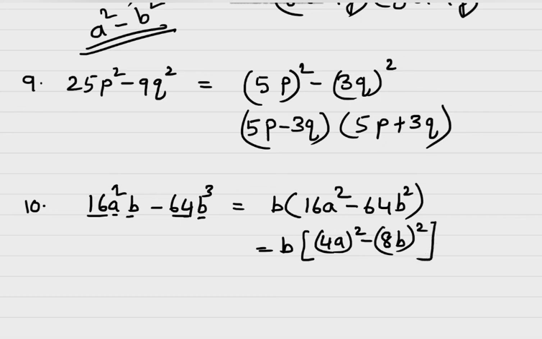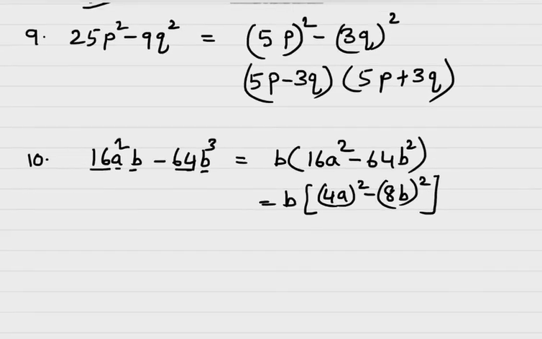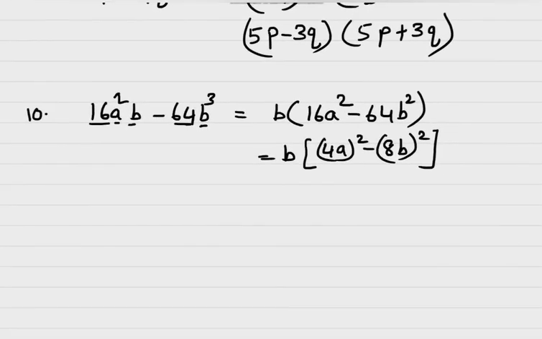Okay, so now see, you are getting the form a square minus b square. So a minus b into a plus b: 4a whole square minus 8b whole square will be 4a minus 8b into 4a plus 8b.